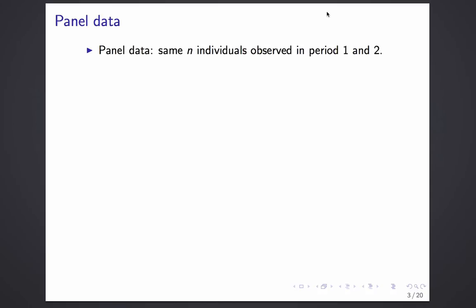Let's start by defining panel data. So usually when we say panel data, we mean that we observe the same individuals or the same firms in at least 2 time periods. In this case, I imagine having data on n individuals in 2 periods. But to be a bit more specific, in period 1, I imagine having data on my outcome variable or my dependent variable y. So on this slide you see that y has 2 subscripts.